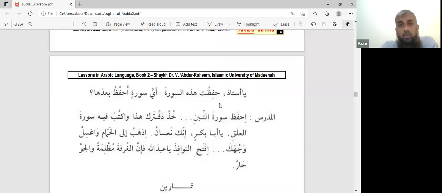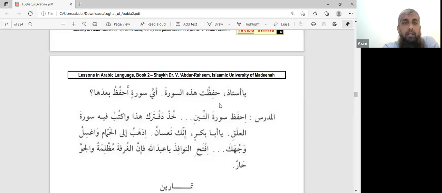Ya Ustadu, O Ustad, hafidhtu, I memorized hadhihi surata, this surah. The object of the sentence is hadhihi surata, so therefore you see the fatha on the ta marbuta. Ayya suratin, which surah? Ahfadhu.